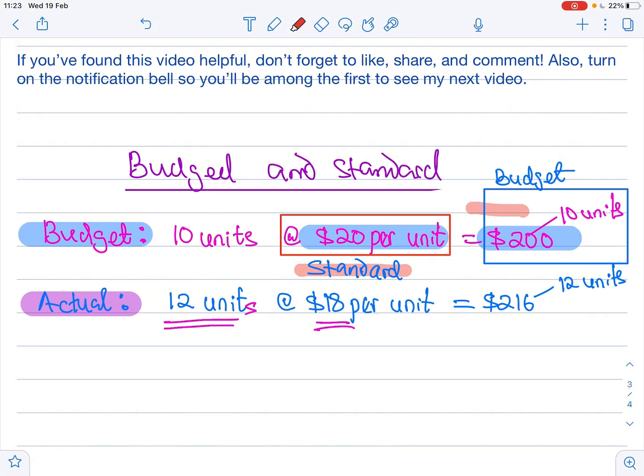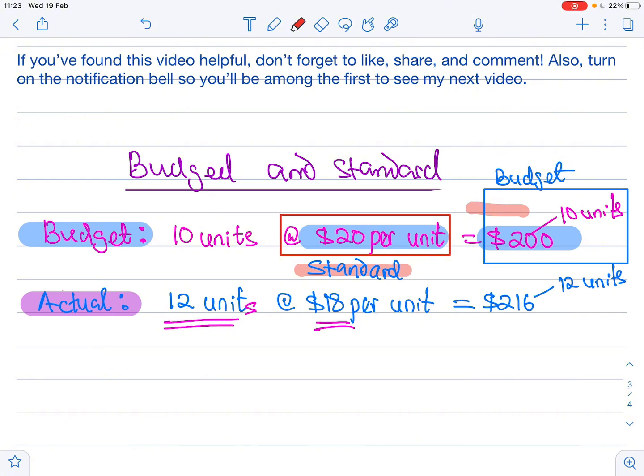So very, very important you understand this. There's a difference between the word standard and budget. Standard is talking about what we plan to achieve per unit, whereas your budget is what we plan to achieve for more than one unit. Okay, so please, I need you to understand that. Both the standard and budget are talking about information that we've not actually achieved.